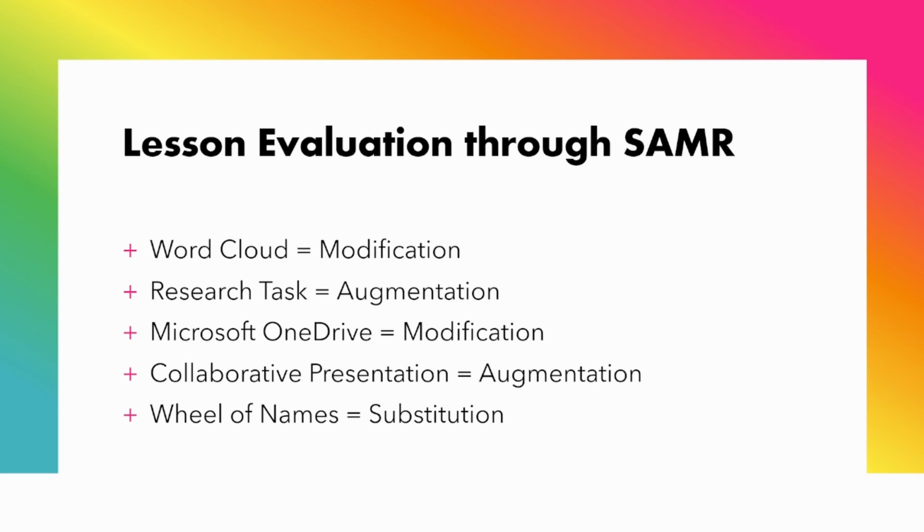Now Microsoft OneDrive, as I mentioned, not only do the students get to use it, but I get to teach them this cool use of OneDrive: if they're sharing these files, then they're all able to collaboratively input information into the same file. They can use the same file to share information and collate and collaborate, and I really feel like that's a bit more of a modification to what they traditionally would have been able to do, because of this collaborative online space.